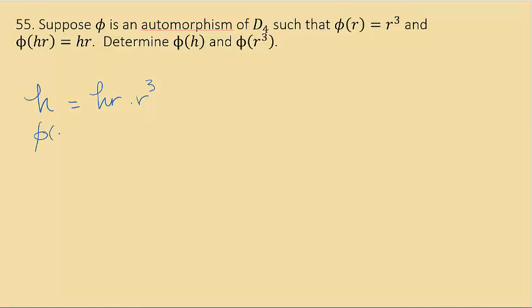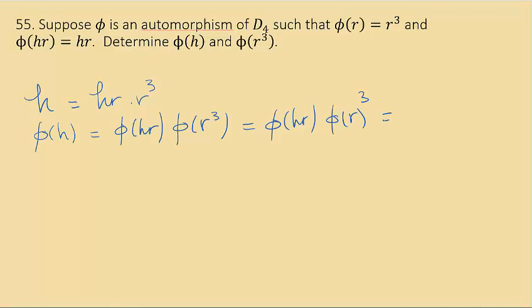So phi of h will be equal to phi of hr, its operation preserving, times phi of r cubed. We weren't given phi of r cubed, but we know that phi of r cubed is the same thing as phi of r, cubed. Now we know phi of hr is hr, and phi of r is r cubed.